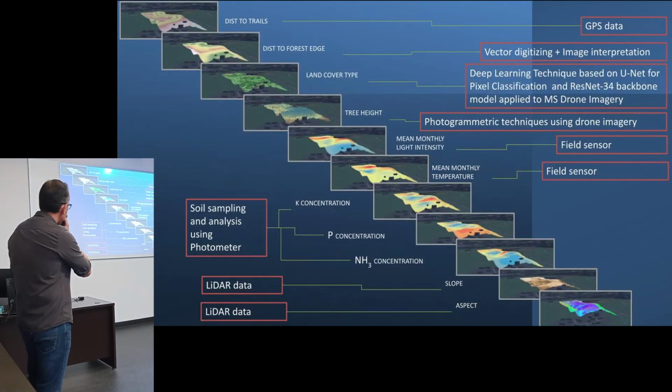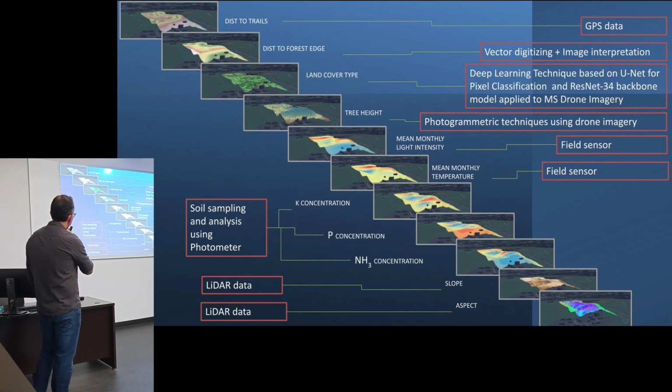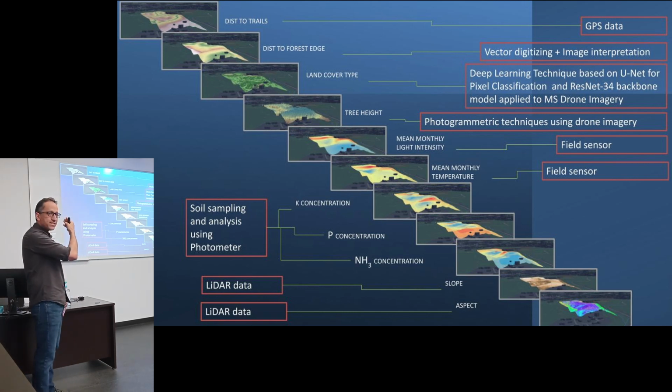And these are the different types of information that we were able to generate. Again, all these different factors are translated into maps, right? Maps, layers, spatial layers that we can use in a modeling framework like Maxent. So distance, for example, with the trails information, we were able to derive these variables: distance to trails, how close you are to a trail.